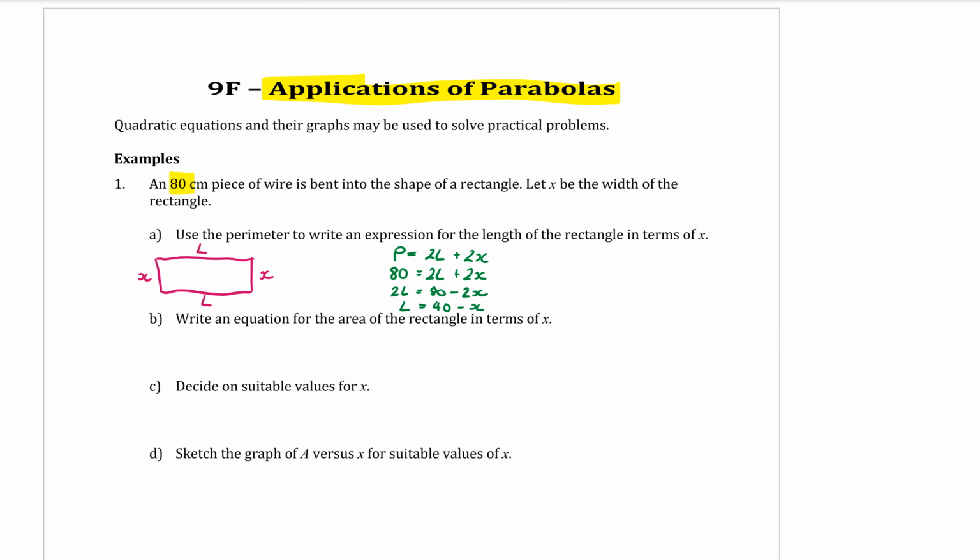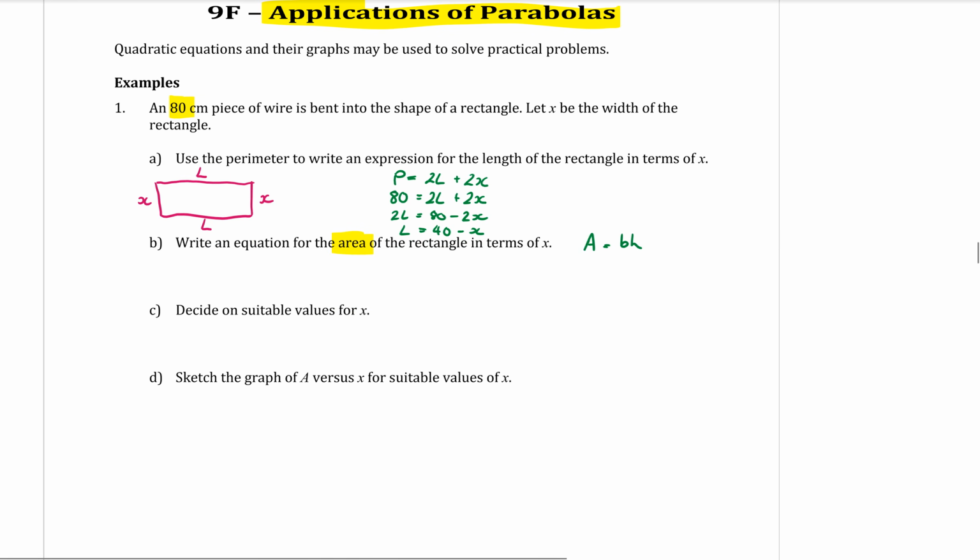Part B, write an equation for the area. Okay, we were talking about perimeter before. Now we've been asked about area. Write an equation for the area of the rectangle in terms of x. Now to find the area of a rectangle, you normally say area is equal to the base times the height.